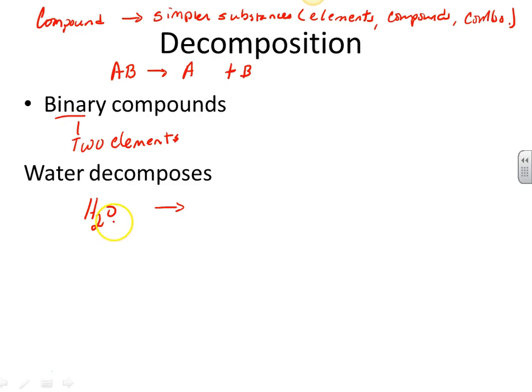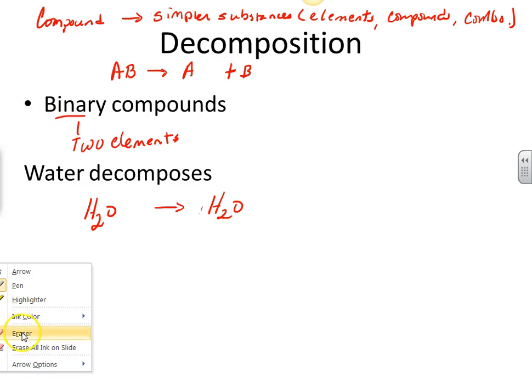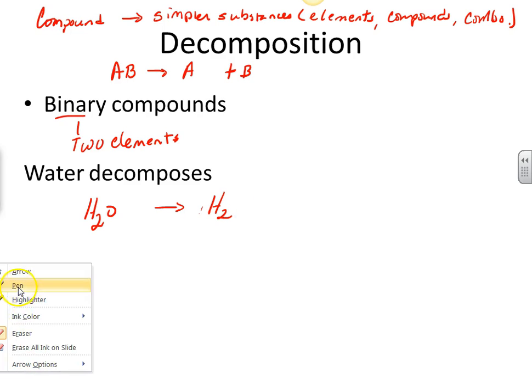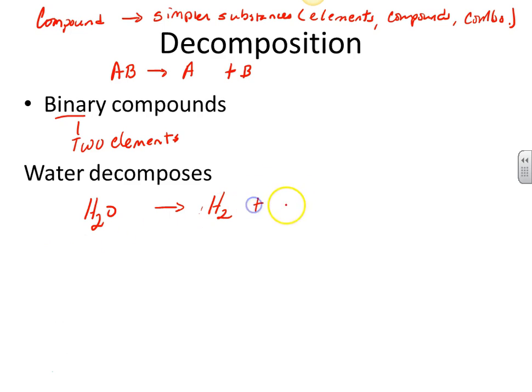Notice that in this reaction, as compared to the first two, which were single replacement and double replacement, we only have one substance to the left of the yield arrow. This one substance, there's really only one thing that it can do, which is break apart into hydrogen and oxygen.